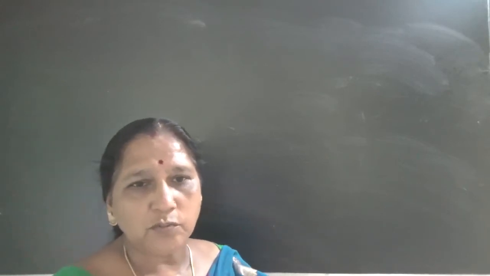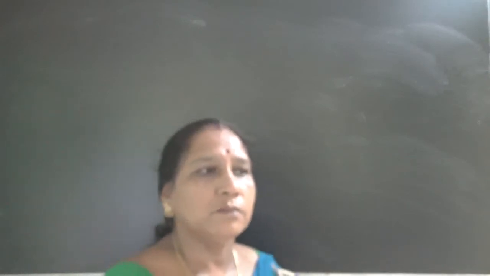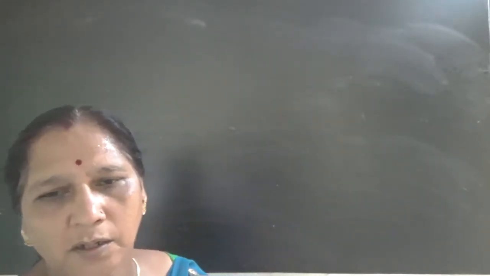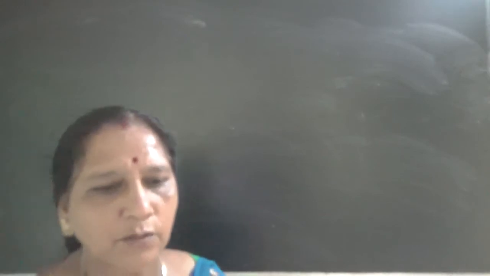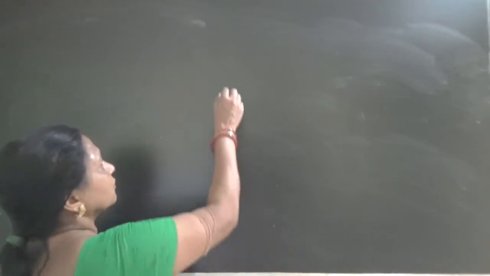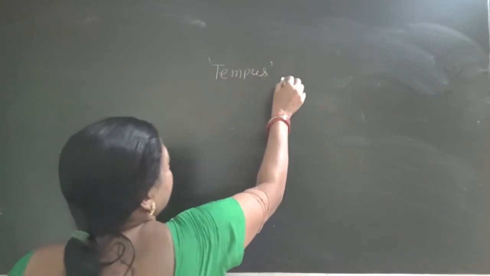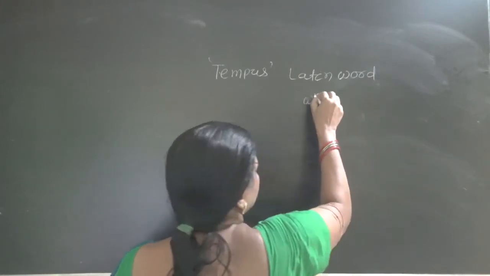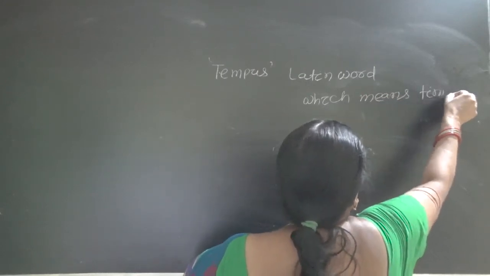Time is a continuous flow measured in seconds, minutes, hours, days, years, etc. But tense is a derived word from the Latin word tempus, which means time.